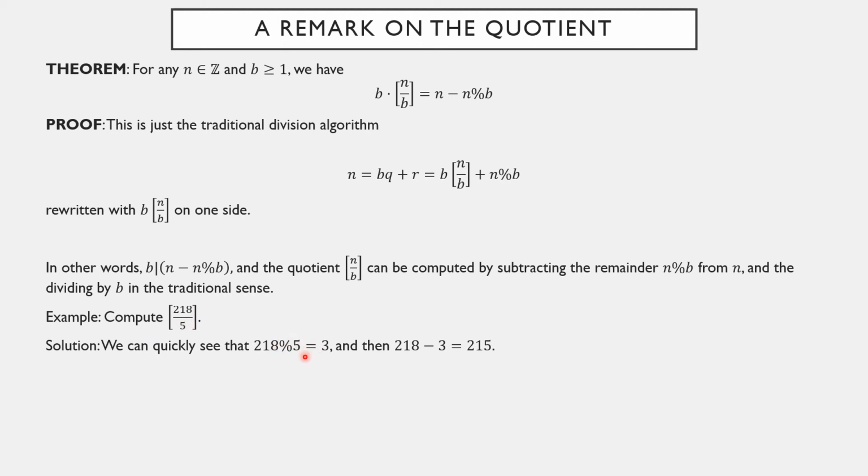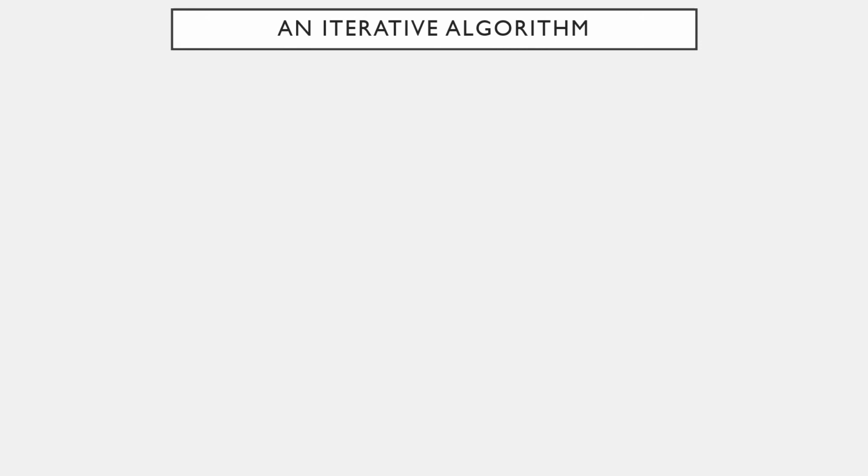Remainder when dividing by 5 is something many people are kind of quickly able to do in their head. So if the remainder is 3, subtract that to get 215. And now I can simply do the traditional division that I would do normally because I know the result is going to be a whole number, 43. So the quotient, 218 over 5, is 43.